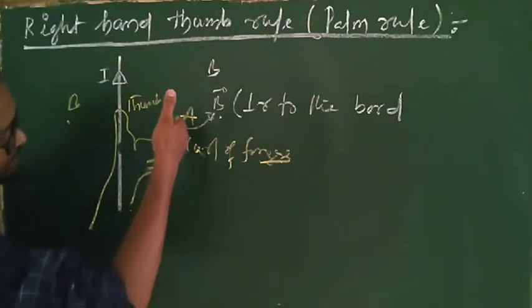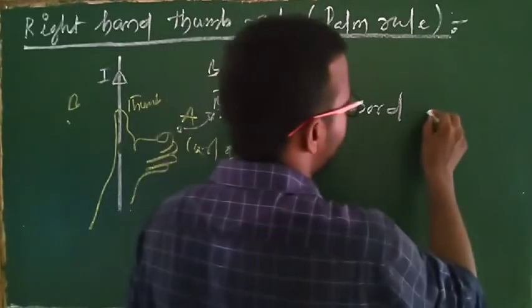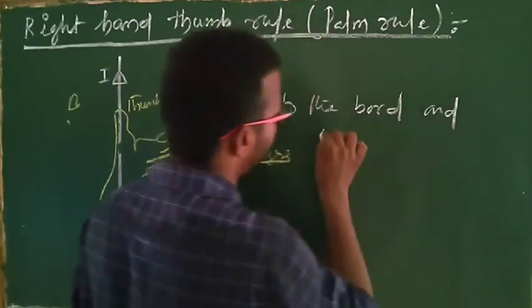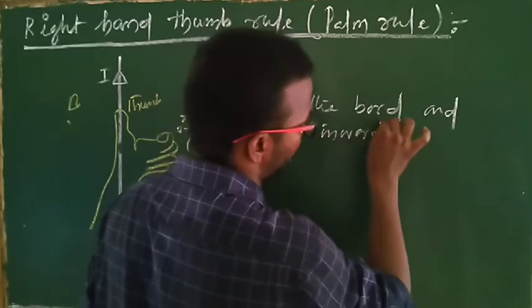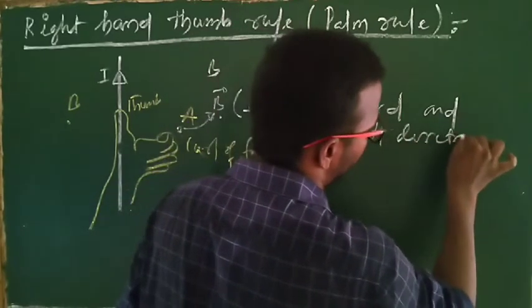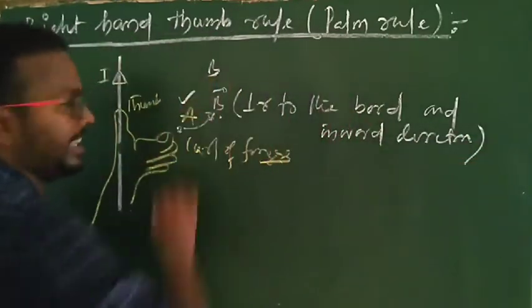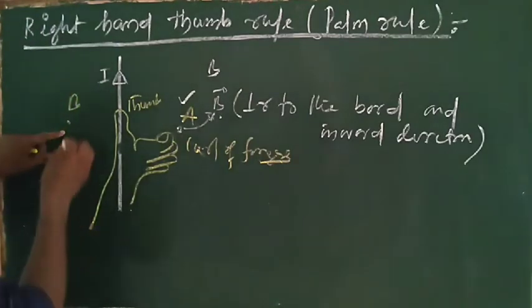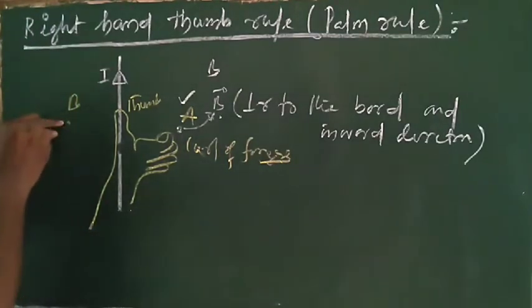The magnetic field is perpendicular to the board and inward at point A. But at point B, the magnetic field is coming out.